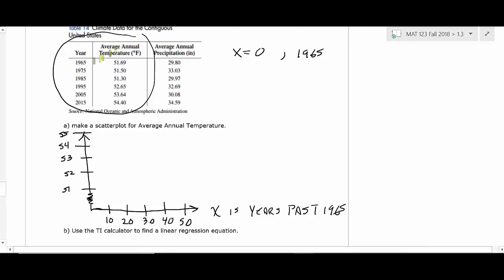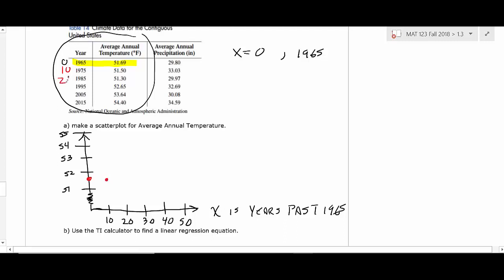Then you're just going to plot these points, line by line. When x is 0, you are up at 51.69, so just estimate where 51.69 is. Then you go to 10 years after 1965, and the temperature went down a tad.